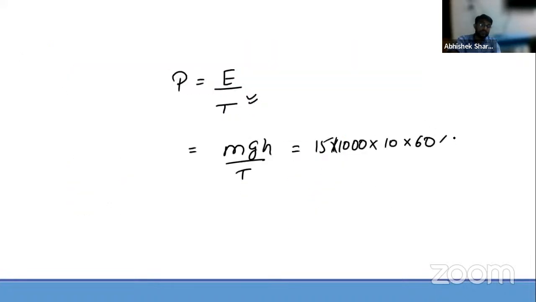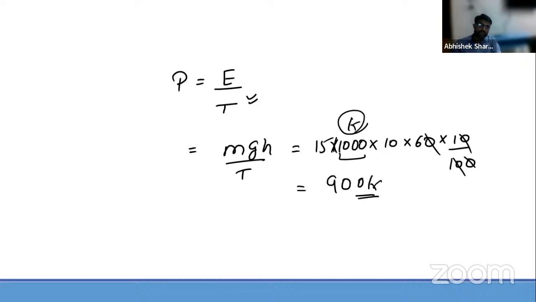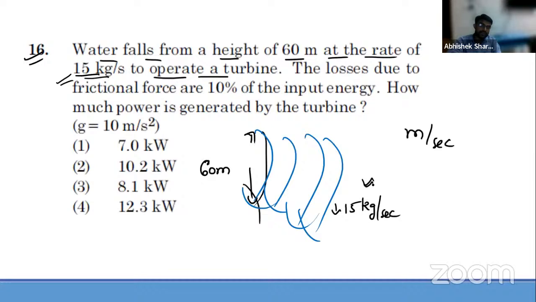So 10% is 10 upon 100. Multiply this and we'll get the answer. Let us keep this in kilo, because kilo is 10 to the power 3. So this will come out to be 900 kilo. It's coming out 900 kilo.